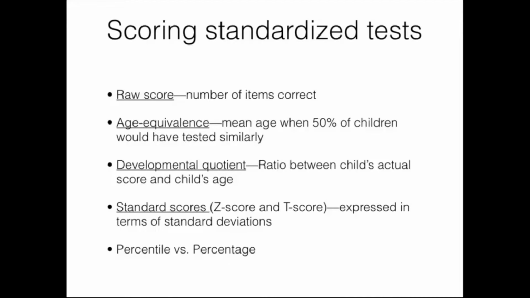That does not mean that they got 15% of the items correct. What it does mean is that their gross motor skills are as good or better than 15% of typically developing children their same age. So the 50th percentile would be considered average.